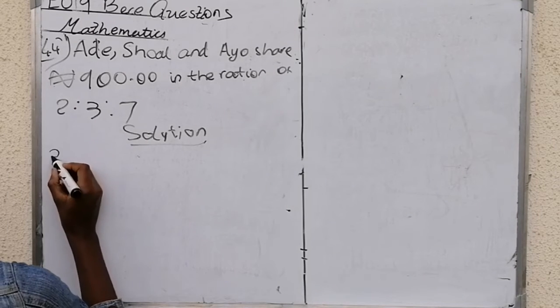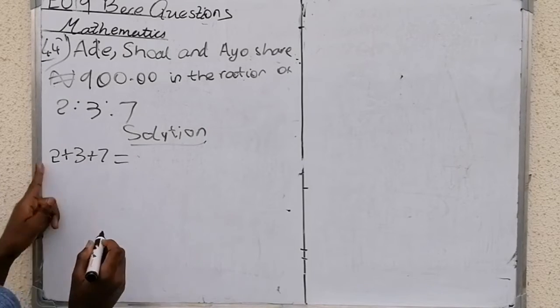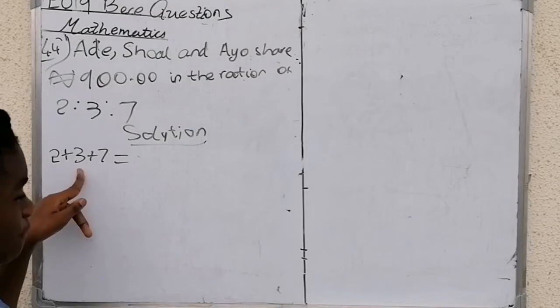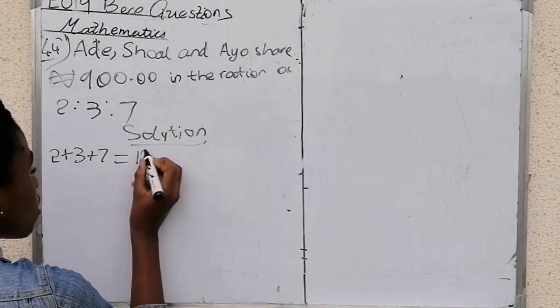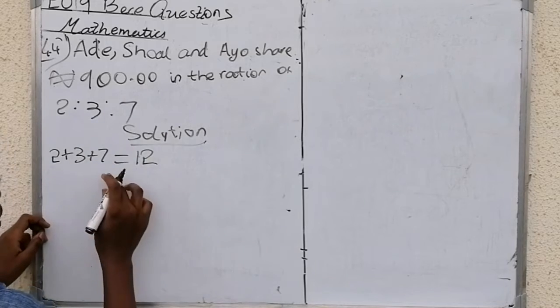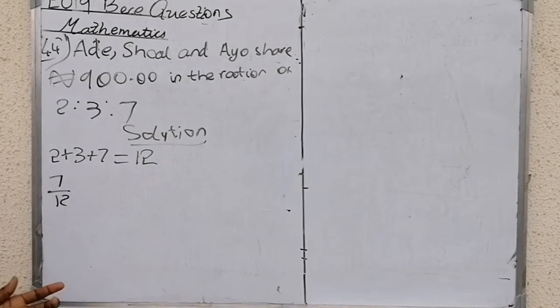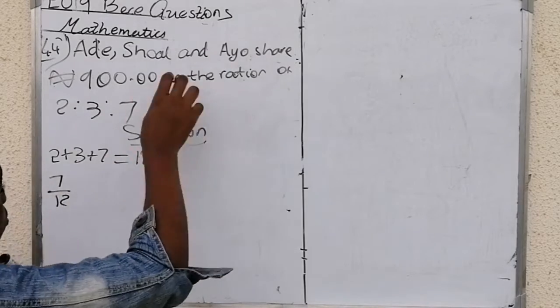So 2 plus 3 plus 7 equals 12, since 2 plus 3 is 5 and 5 plus 7 is 12. So we write out Ayo's ratio all over the total ratio. That's 7/12. Now how do we know which of these is Ayo's ratio?